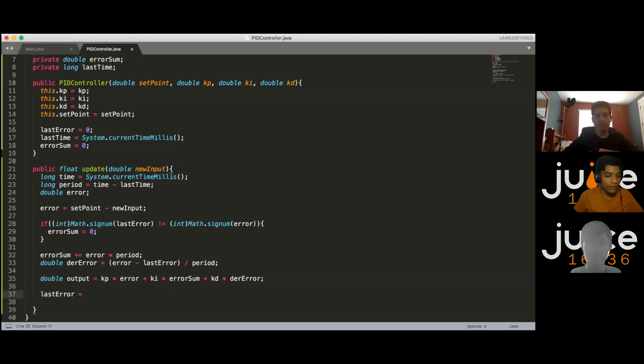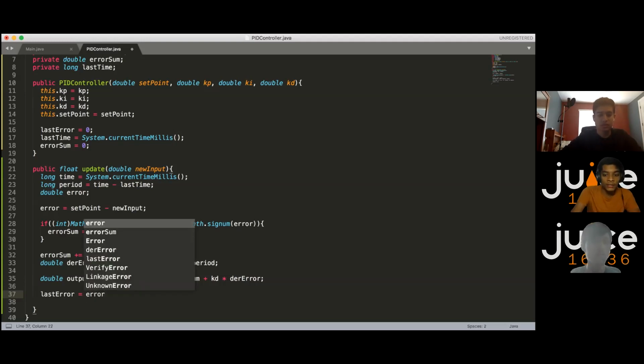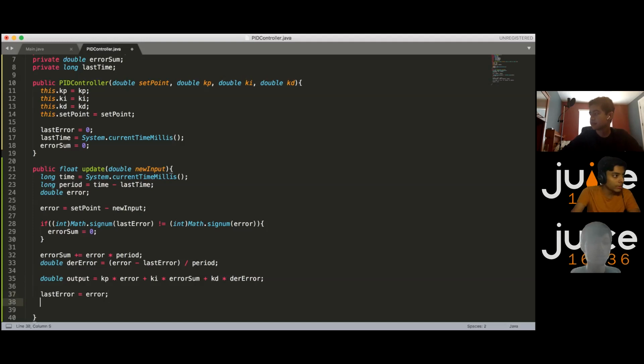All right, so now we're just gonna update before we return the float. We're gonna update our time and our error, so that our last error and our current error will be two separate things. So we're setting last error to our current error, and then our last time to our time.